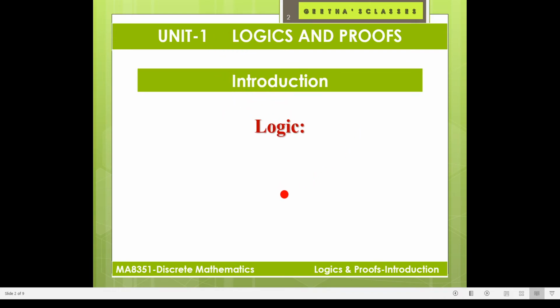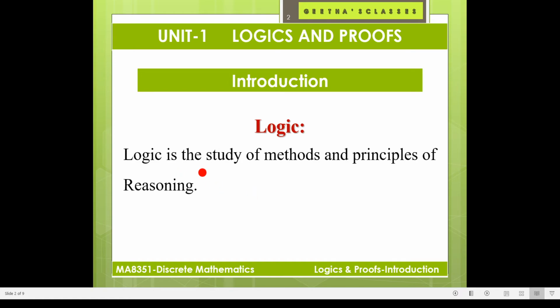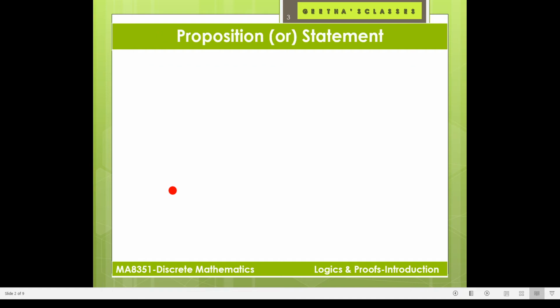What is logic? Logic is a study of methods and principles of reasoning. Logic is nothing but a study of methods and principles of reasoning. The next definition is proposition or statement.